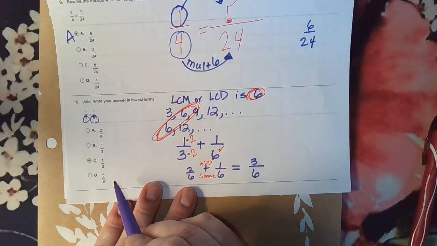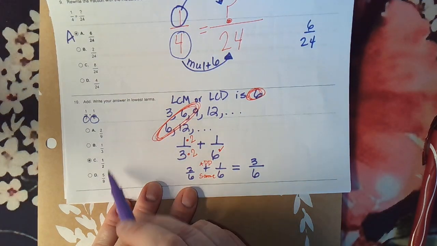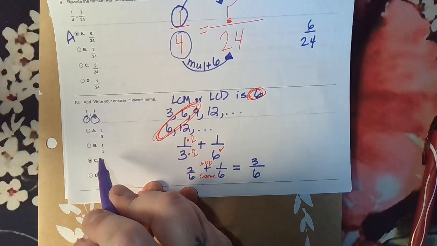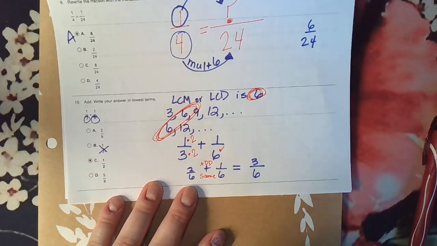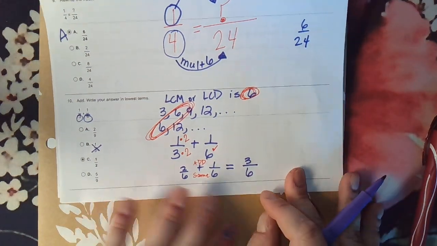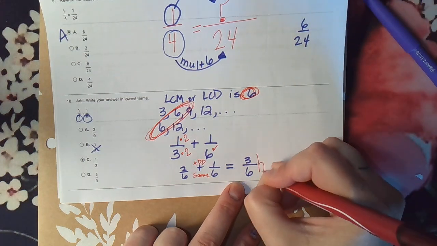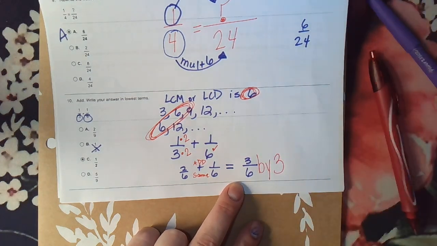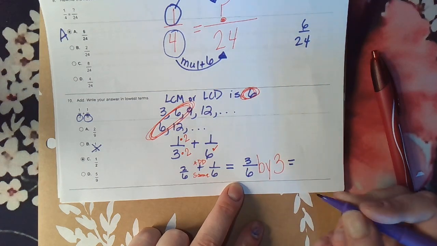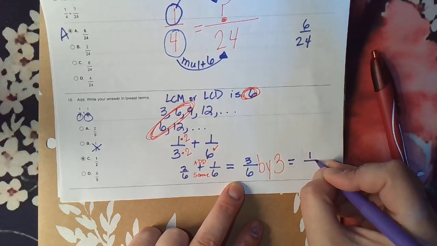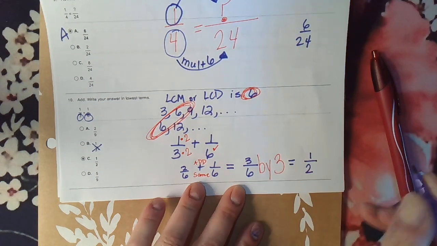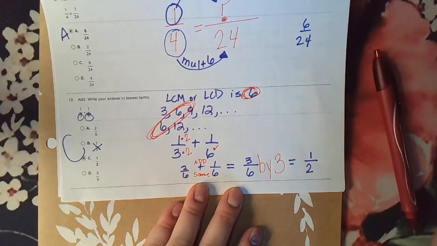But if you look at the answer choices, none of them look like 3 over 6. Don't choose B because it has a 3 in it. That's not a good reason. Let's look at this 3 over 6 and maybe reduce it. I think you can reduce it by 3. If I divide by 3, I get a 1 on top and a 2 on bottom. So C.